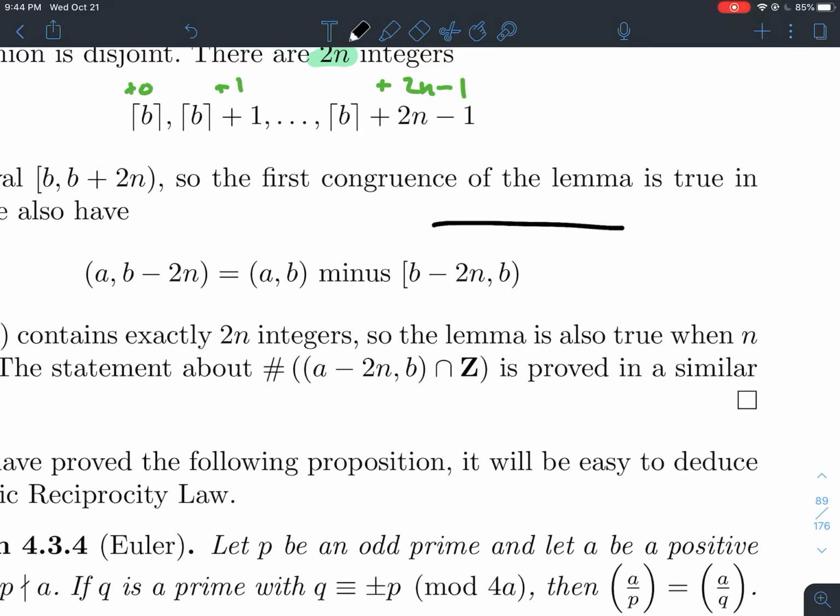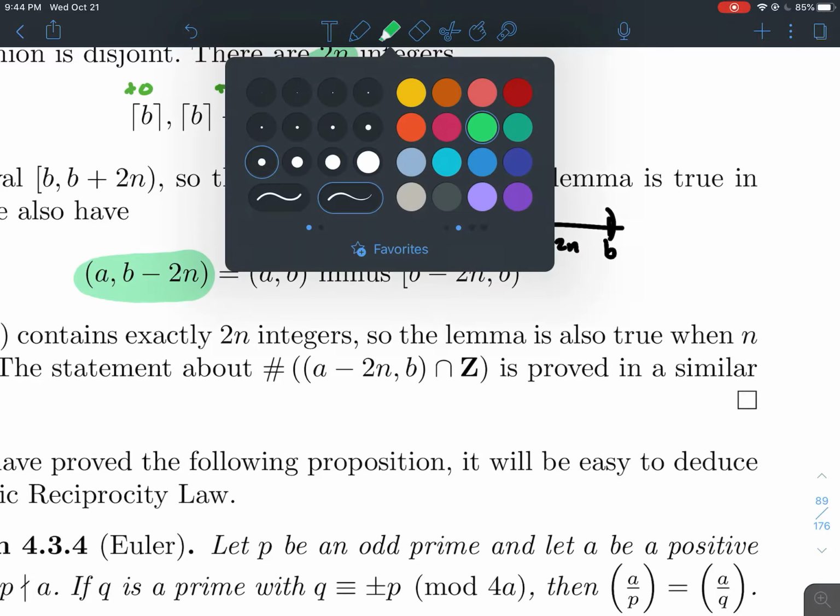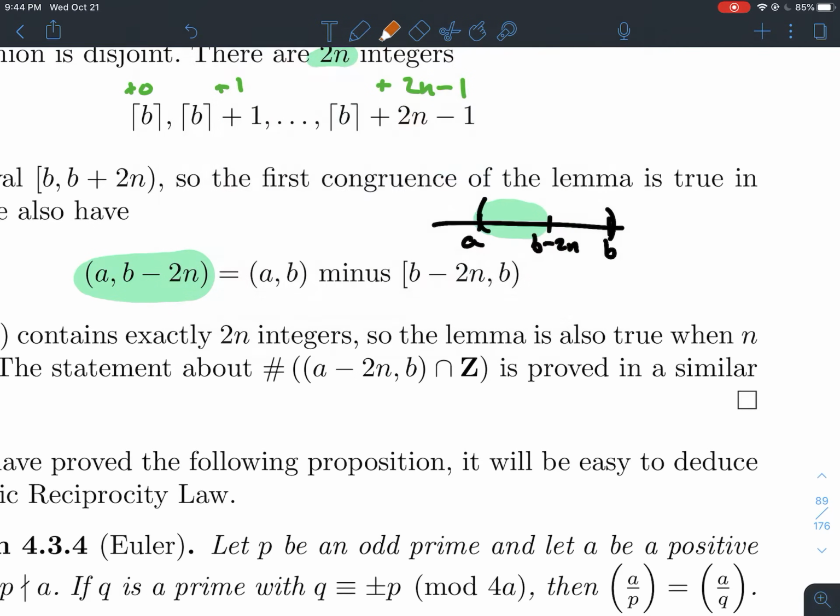So this interval from a to b minus 2n, well, that number is a little bit to the left of b now. So a to b is the big interval now, right? You see a to b is the big one, and I've got maybe these two pieces. But the way that I want to think about a to b minus 2n, which is right here, is as the whole interval, minus this thing from b minus 2n to b.